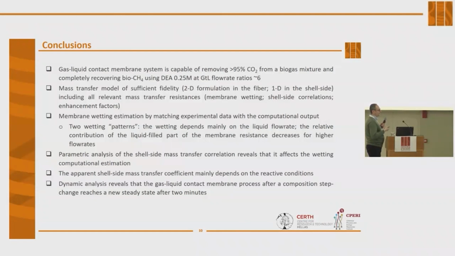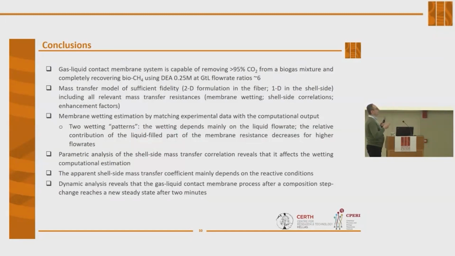We can gain high carbon dioxide removal and recover most of the biomethane from the initial mixtures. We have identified 2 wetting patterns. The wetting depends mainly on the liquid flow rate, and the relative contribution of the liquid filled part of the membrane resistance decreases for higher flow rates.